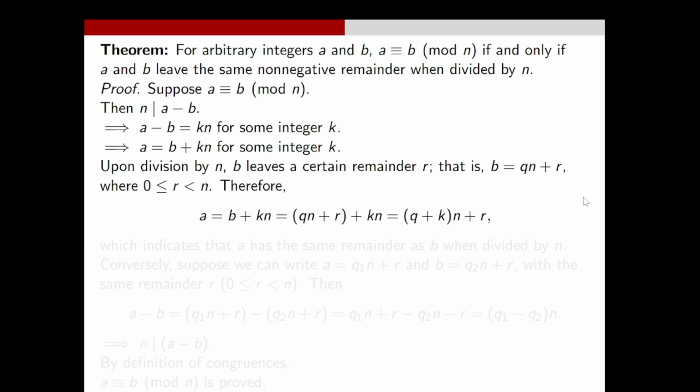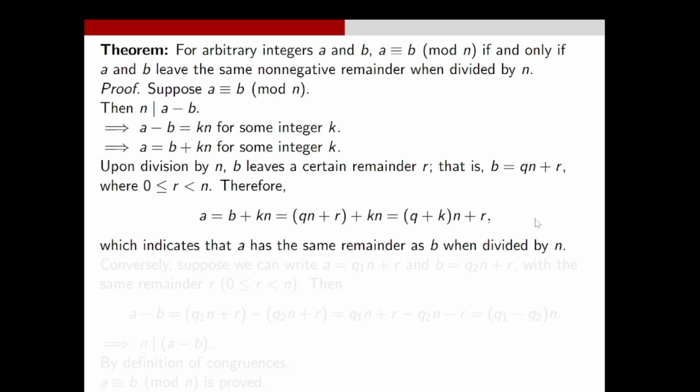Therefore, by replacing the value of b, qn plus r, in a equal to b plus kn, we get a equal to (qn plus r) plus kn, and by taking n common from qn and kn, we get (q plus k) into n plus r, which indicates that a has the same remainder as b when divided by n.